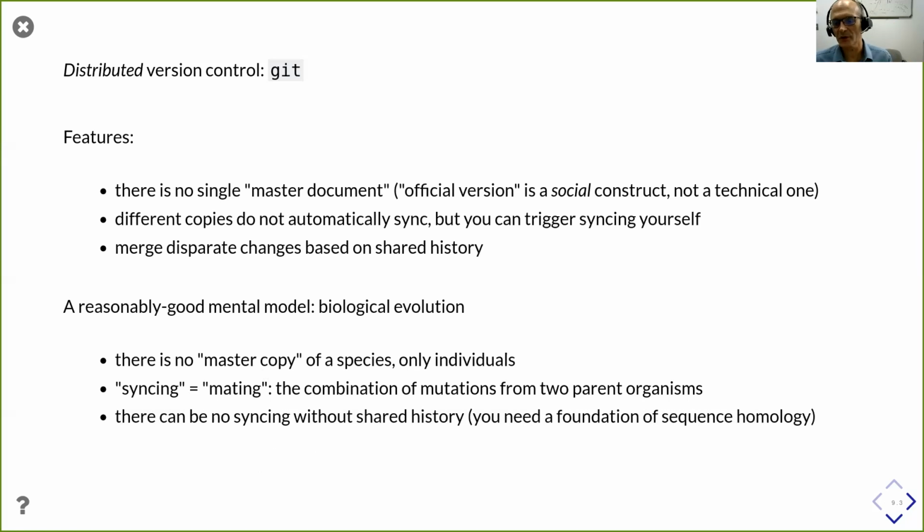The changes are just a small difference, and it's that foundation of sequence homology that allows mating to occur in biology. It's that foundation of shared history that allows seamless merging in Git-based projects.